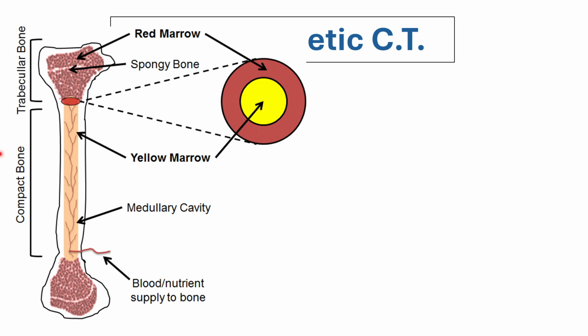And if you cut it crosswise, your red bone marrow and your yellow marrow can actually coexist as well.